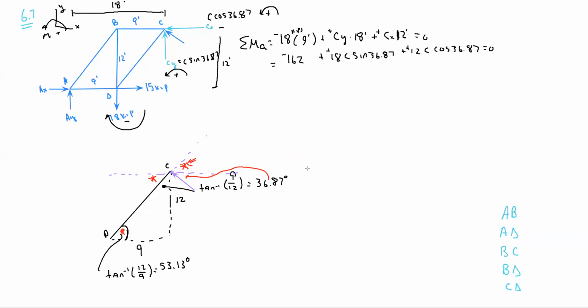We did all that in order to find the X and Y components of our reaction at C. So here's C. This angle theta is 36.87.